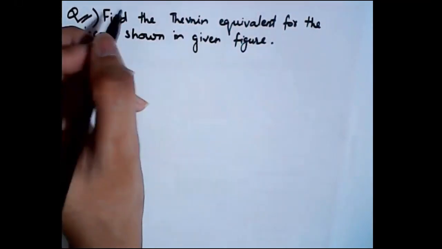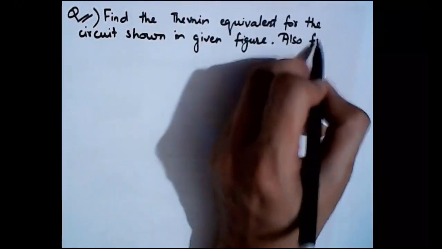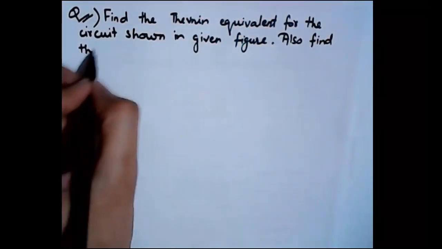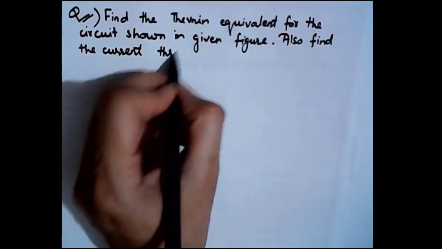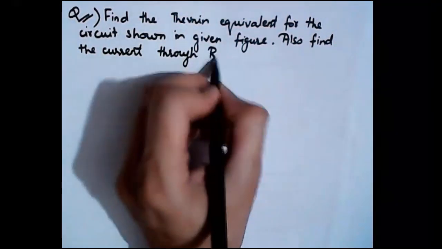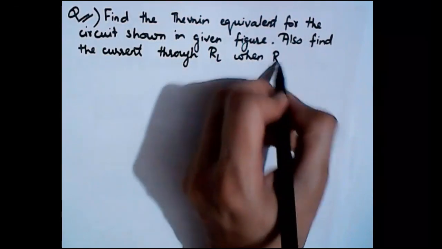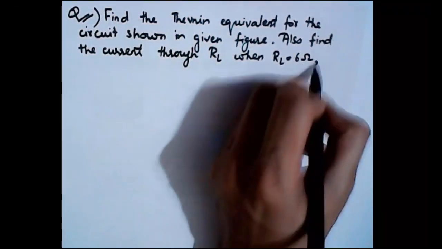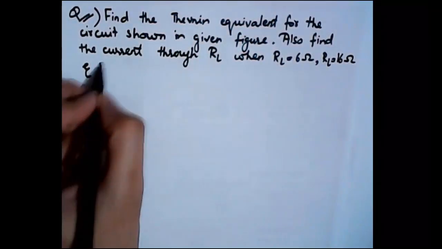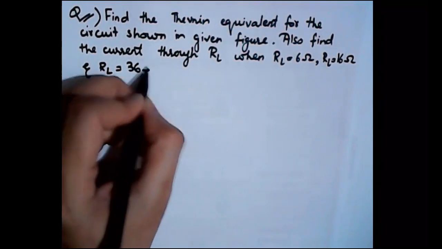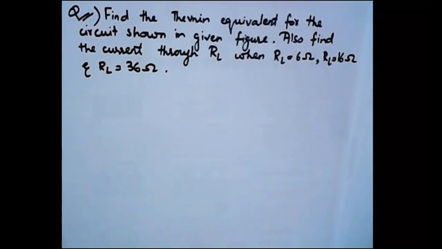This is part A of the question, right? And the next part says also find the current through RL, that is the load resistance, when RL is equal to 6 ohms, RL is equal to 16 ohms, and RL is equal to 36 ohms, right? So this is a statement of our question.